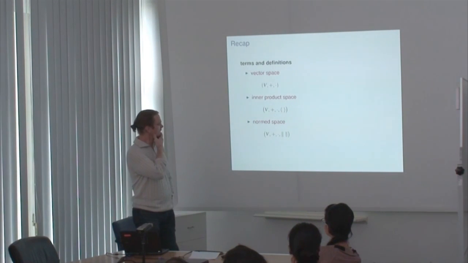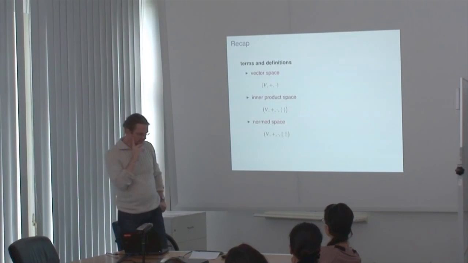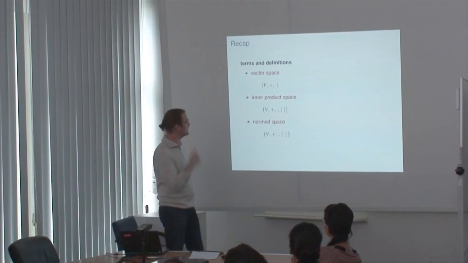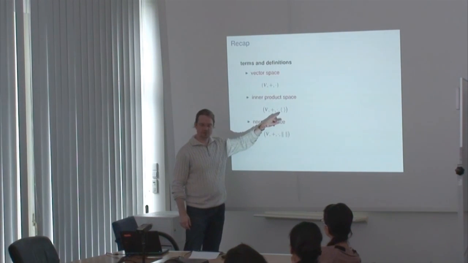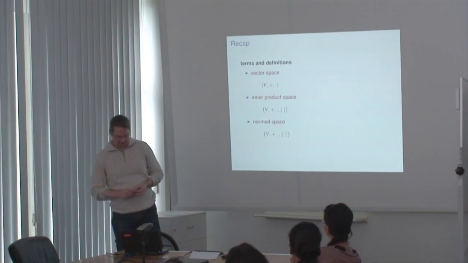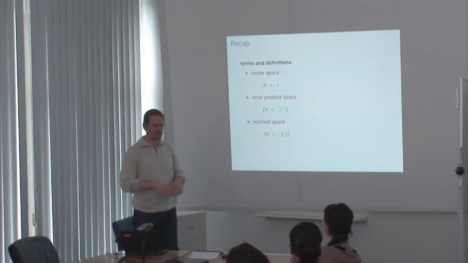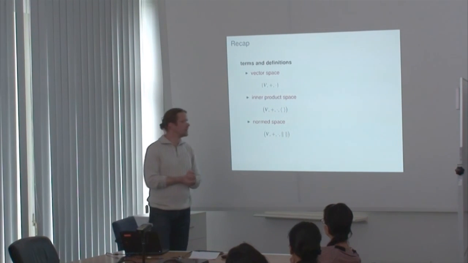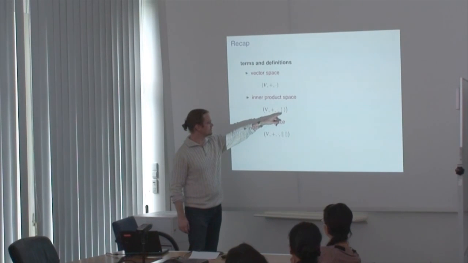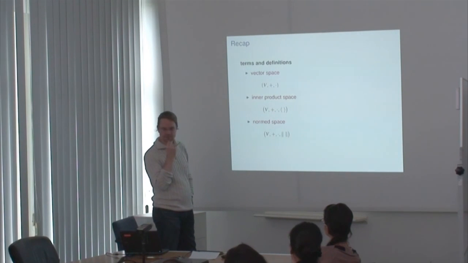And we saw, in addition to our discussion of elementary vector spaces, that if we are able to endow these vector spaces with another operation, which we shall call the inner product, an operation that acts on two elements in the set V and produces a scalar, whenever we are able to define such a product, then we are actually talking about an inner product space.